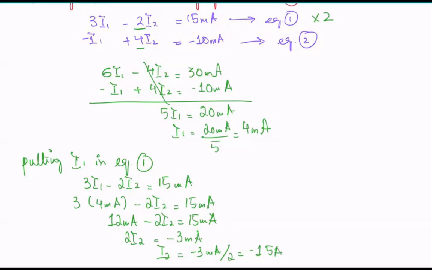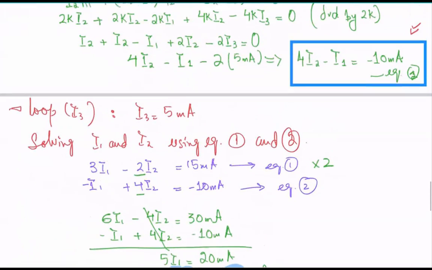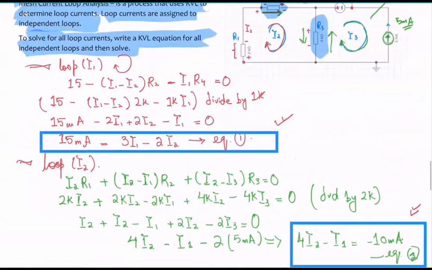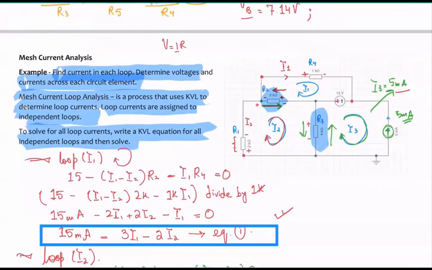Okay, so I got my I2 here, I got my I1 here, I3 we already had determined over here. And now that we have these currents flowing over here, we know I2, we know I3, we know I1.